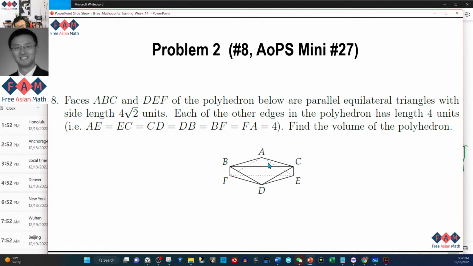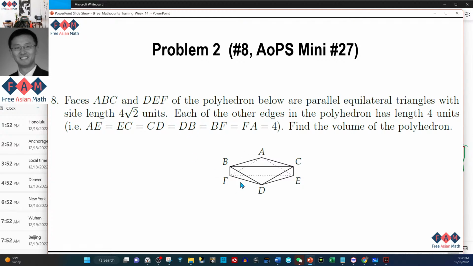Well, AE is hard to see because AE in this figure is a dotted line, meaning that we cannot immediately see this edge. It's on the other side of this 3D figure. And AF and EC we can see. EC looks like a vertical one, and BF looks like another vertical one.